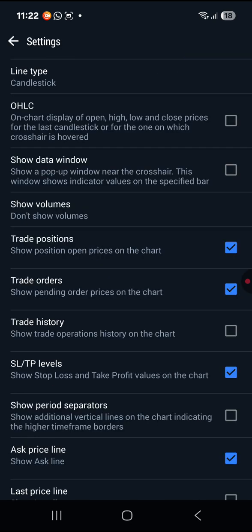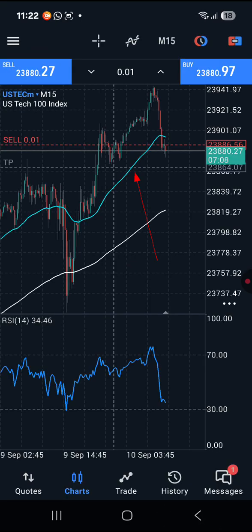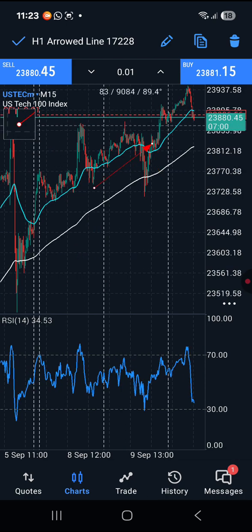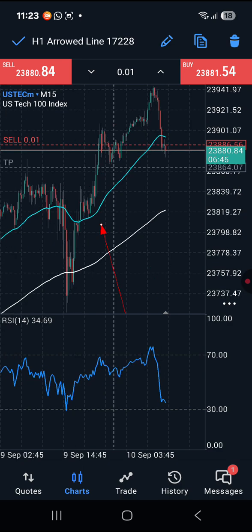When I put the period separators back, you can see they are just vertical dotted lines that separate the current day from the previous day and the other days in between. If you see two dotted lines together, the following line represents Mondays, and the space in between represents the Sunday session, which elapsed from the weekend.